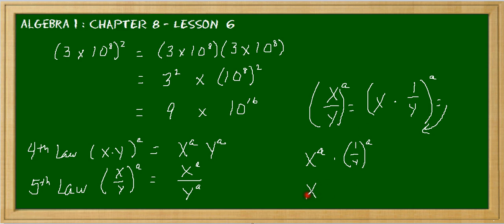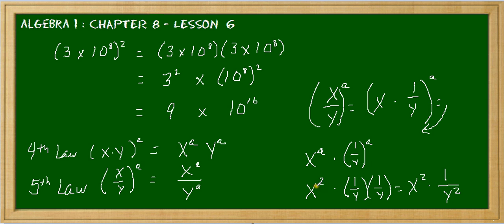We would end up with x squared times 1 over y times 1 over y. When we multiply, we multiply the numerators and the denominators, which means we would have x squared times 1 times 1, which is 1, over y times y, which is y squared.